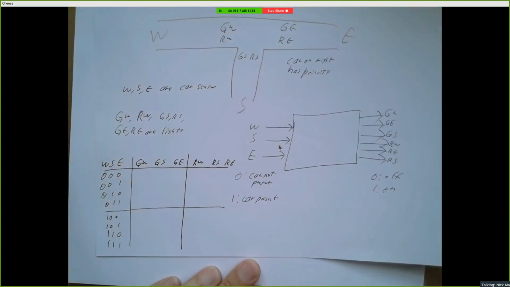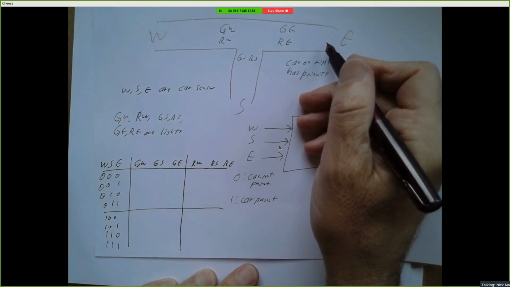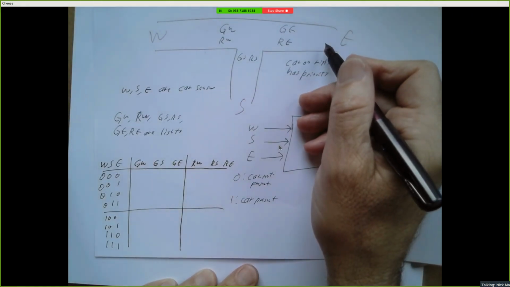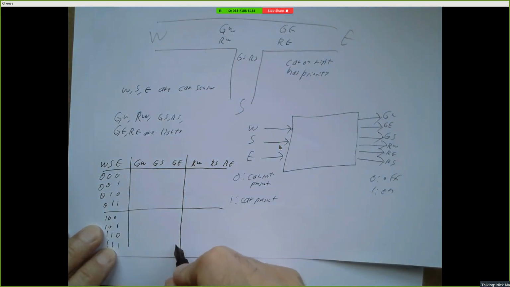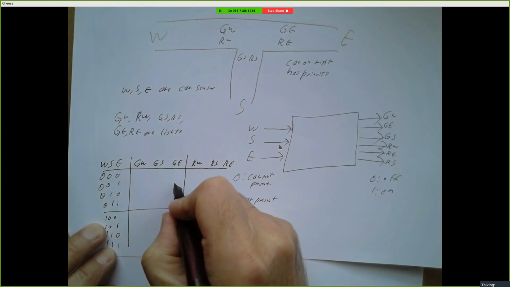And we know that the car on the right should always have priority, which means any time that there's a car to the east, that's the one that's going to have the green light. So green east is going to be 1 any time that our east car sensor is a 1.